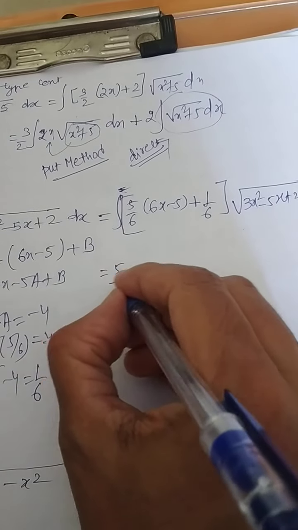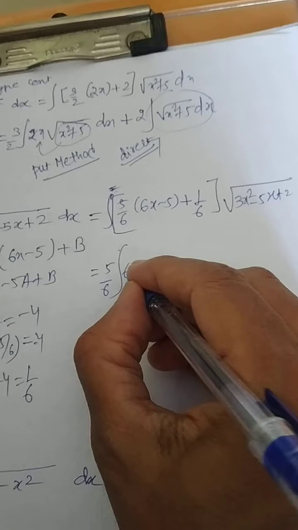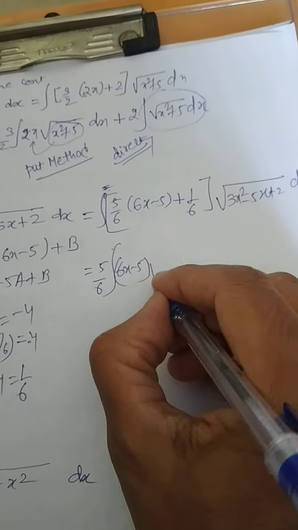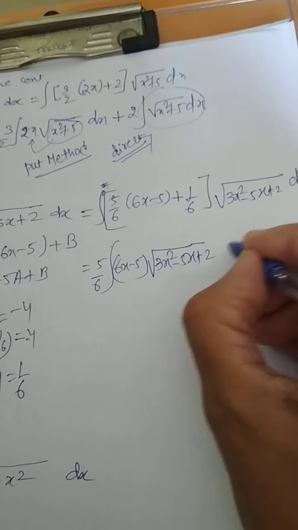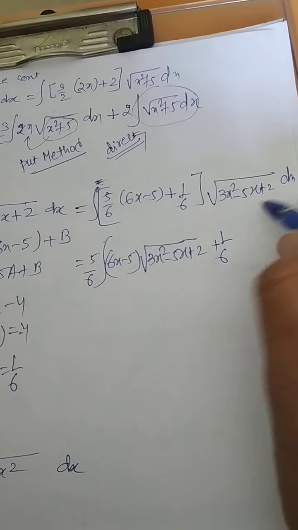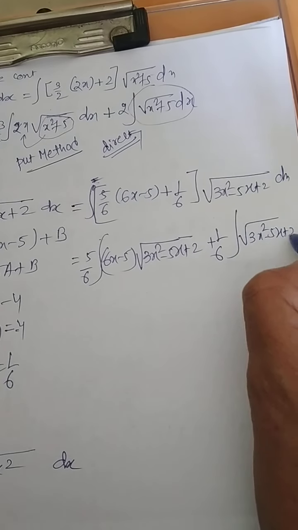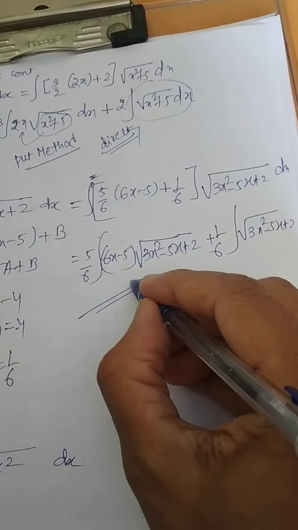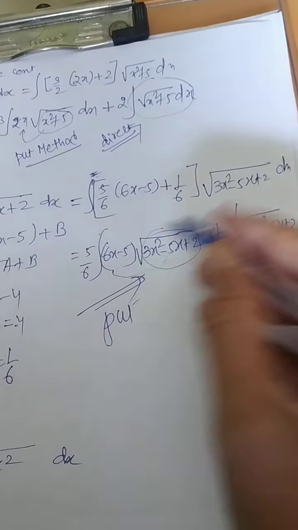Now it will be 5 by 6. Opening the bracket, it will be 6x minus 5 into this term root of 3x square minus 5x plus 2, plus 1 by 6 over here, this bracket. What is this technique? Put this equal to t, you will get this derivative, again root t.